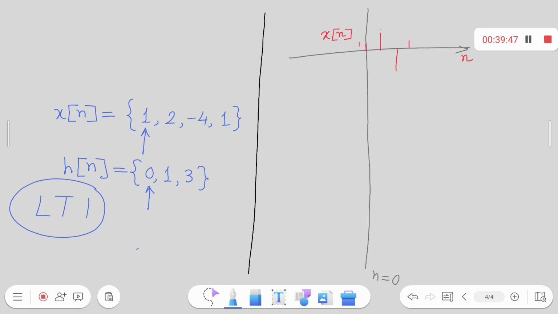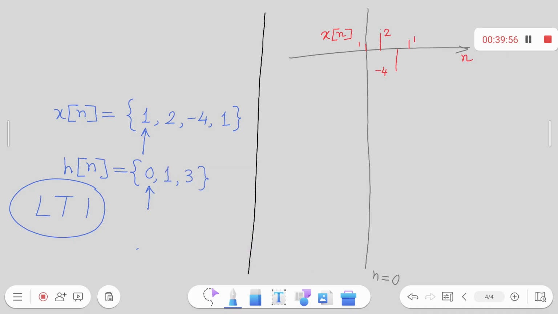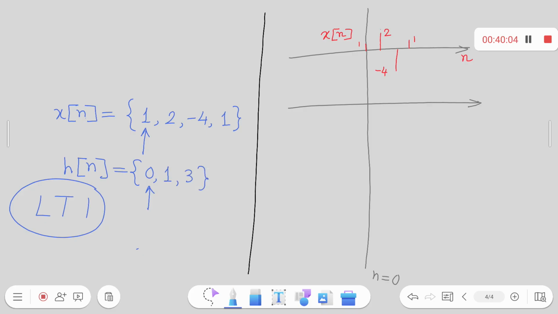Now let's consider the sequence h of n. How does h of n look? 0, 1, 3. So 0 there, 1 there, and 3 there. This is h of n.